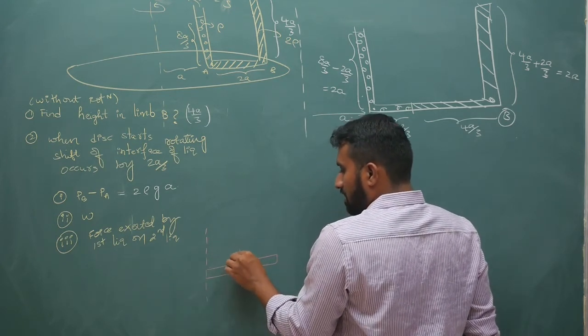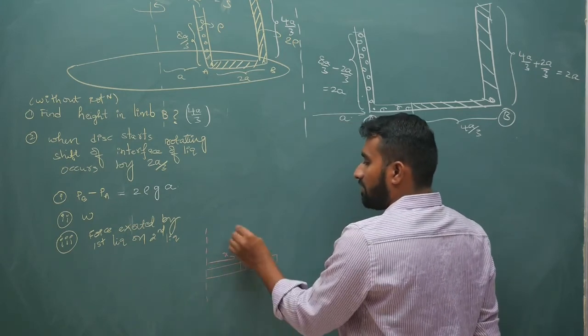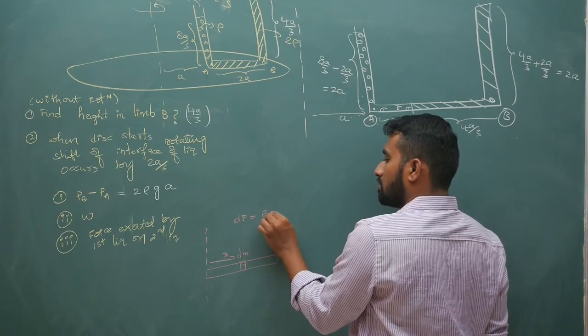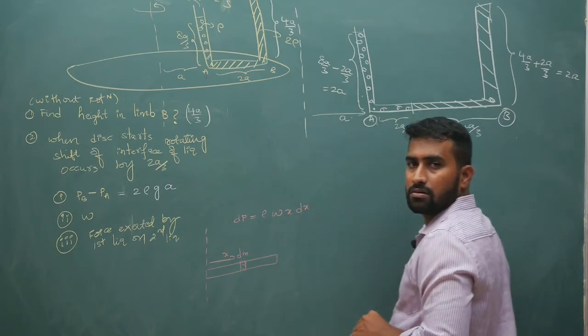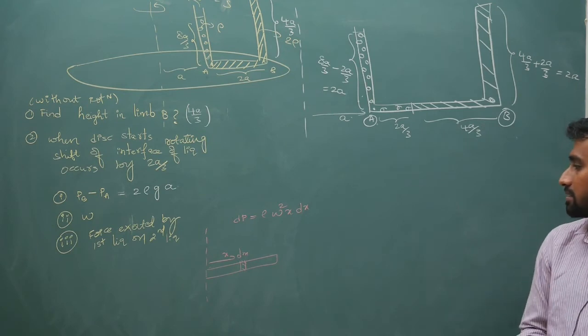You take some dm element at some distance x. After doing all this, what did we get? dp is equal to rho omega square x dx.